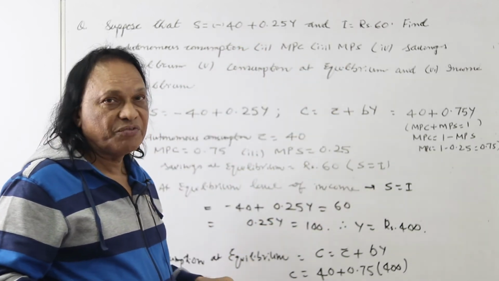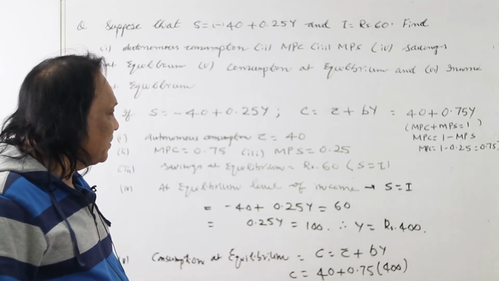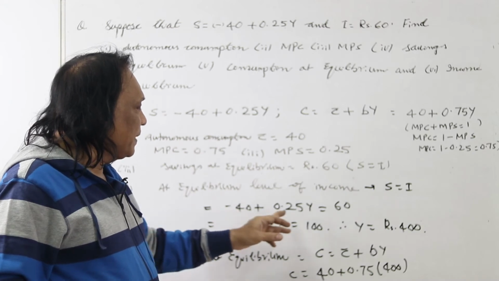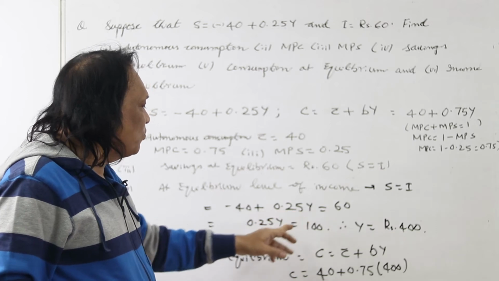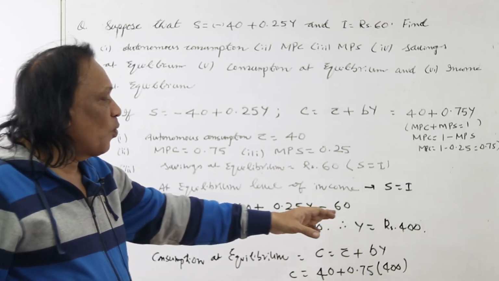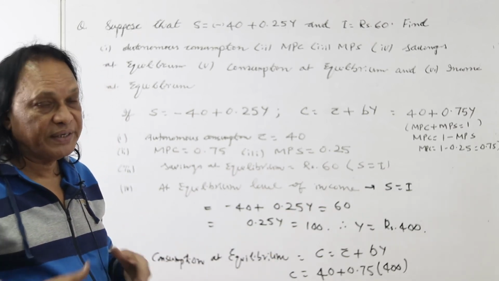The 60 we got is the investment here. When you do some minor calculations, 0.25y is equal to 100. Therefore, at the equilibrium level of income, y is equal to 400. We got it here. Equilibrium level of income is 400.